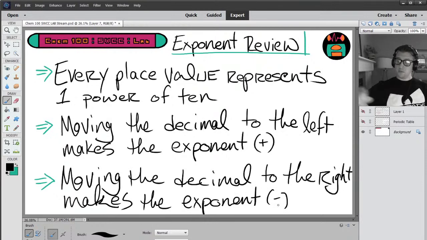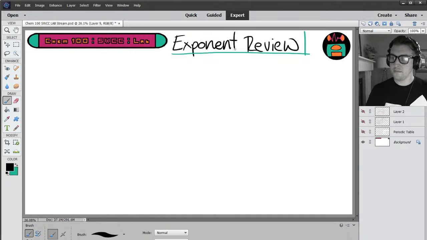So if you're bumping your decimal to the right, that's going to be a negative exponent. If you're bumping your decimal to the left, that is going to be a positive exponent. And these are the three things that you need to be able to nail scientific notation. Let's put it into practice.